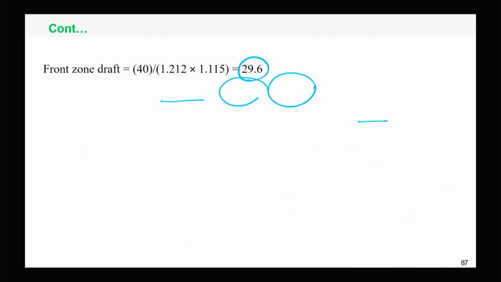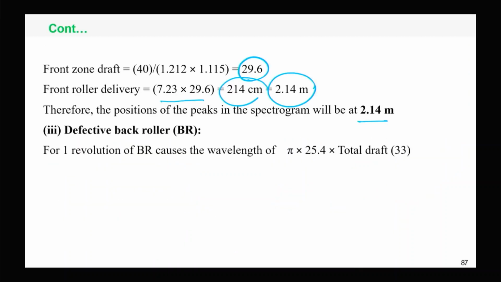You can see here, back roller defective: pi d multiplied by total draft divided by 1000, in meter. Total draft is 30, so it is 2.63 meter.